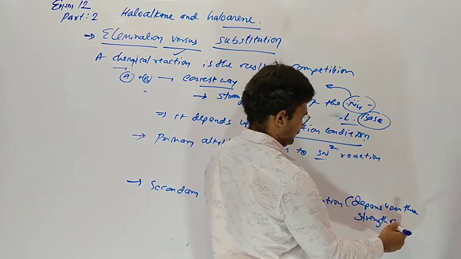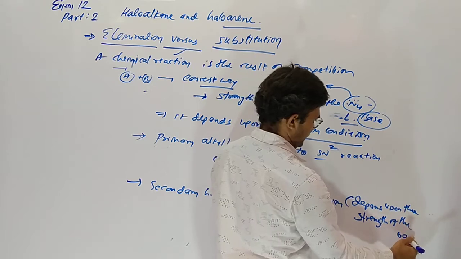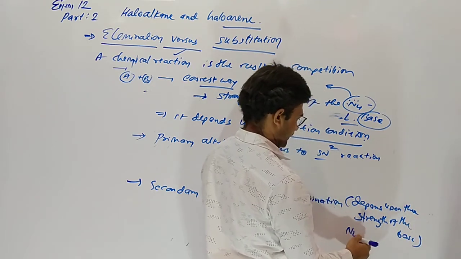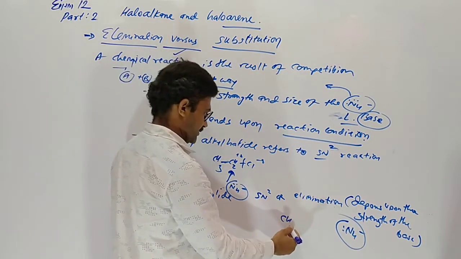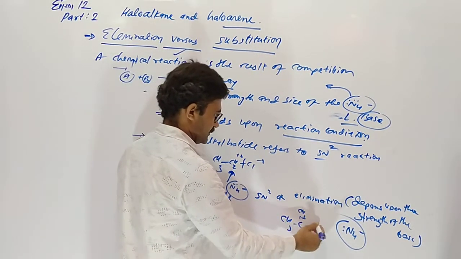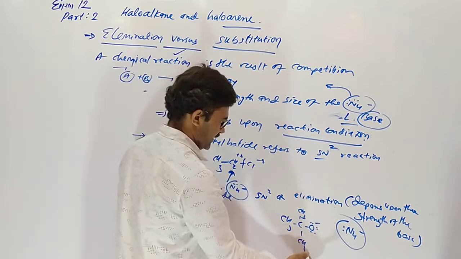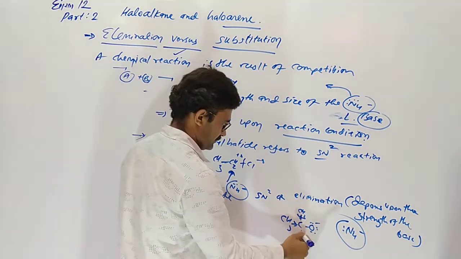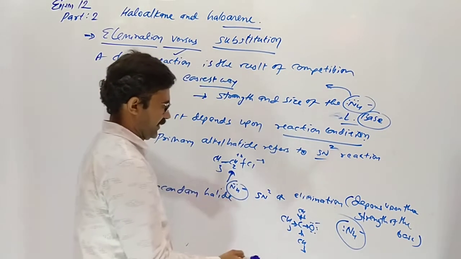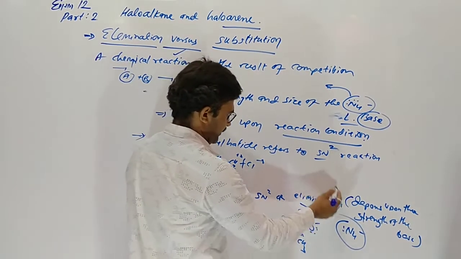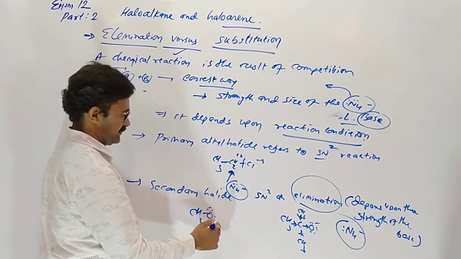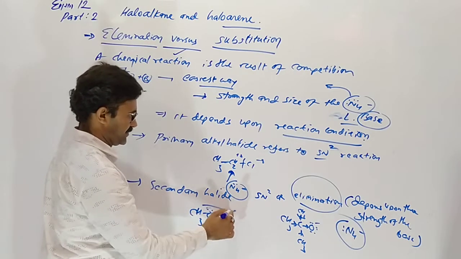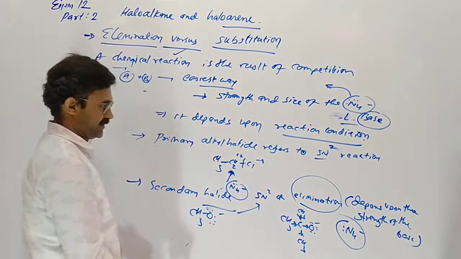Strength of the base means donating nature is high. Tertiary butoxide we discussed. So this is a strong base, donating nature high, so it gives elimination. If methoxide is taken, which is a weak base, donating nature less, so it gives SN2 reaction.